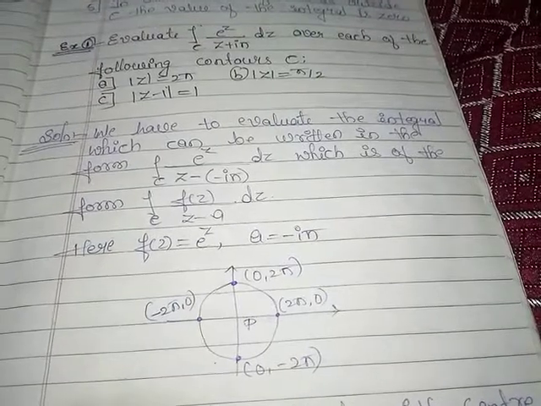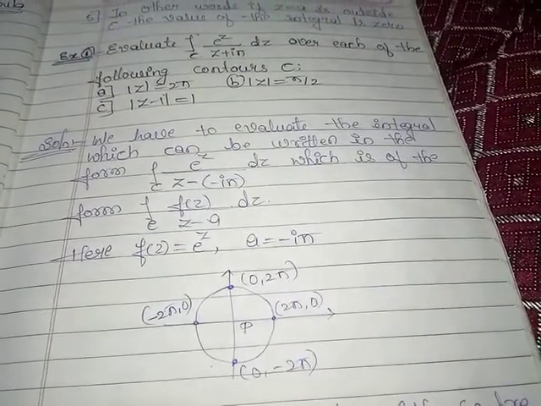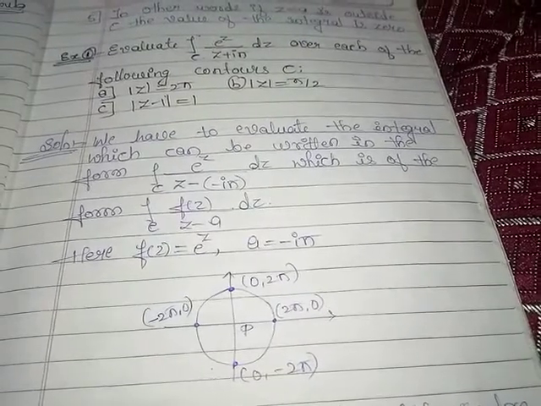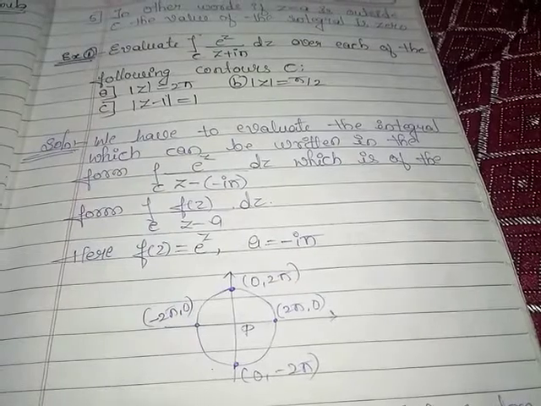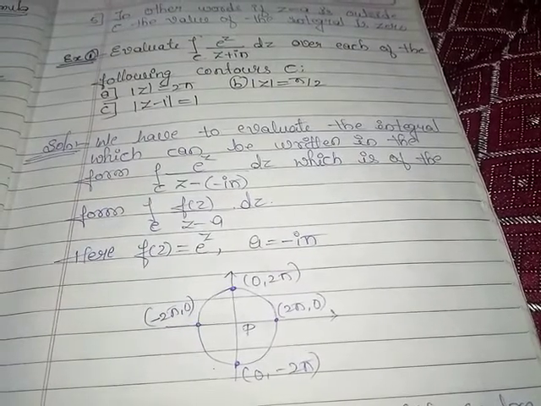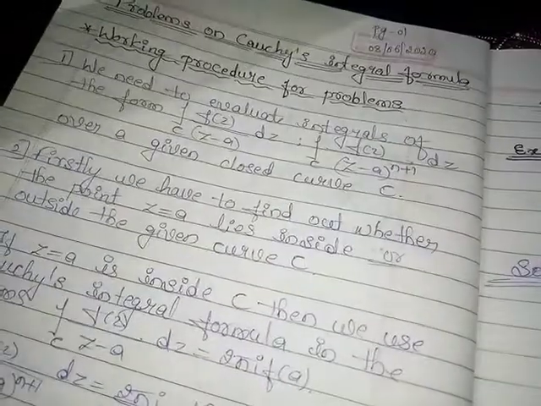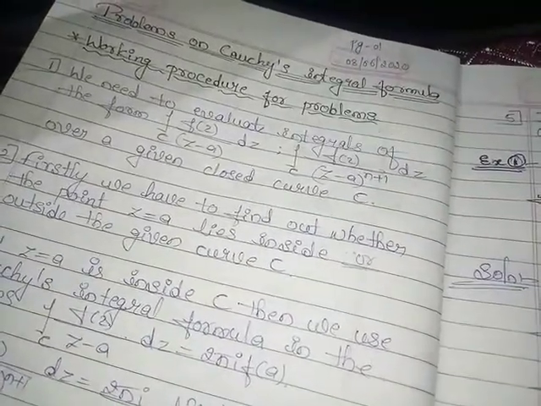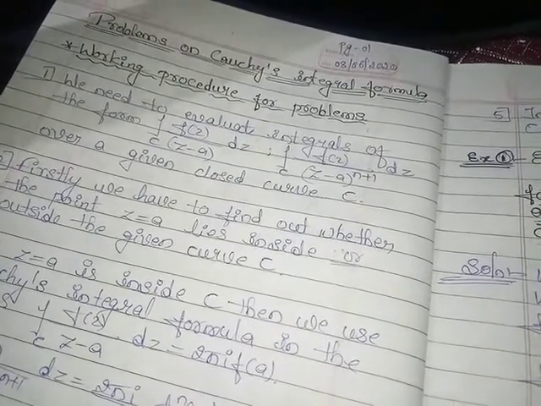We have to evaluate the integral, which can be written in the form e raised to z divided by z minus of minus I pi dz, which is of the form integration over c f of z divided by z minus a dz. Means, see, first procedure, we need to evaluate the integral of the form integration over c f of z divided by z minus a into dz.